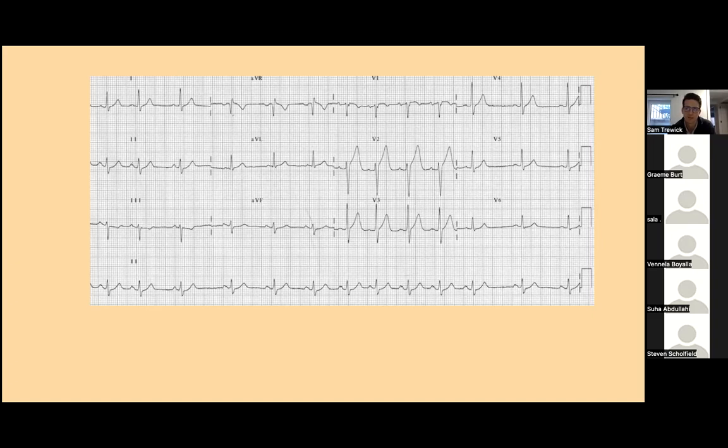I think there might be ST elevation in V2, 3, and V4 maybe. It's difficult. I think this is probably just a bit of high take-off. I don't think this is necessarily ST elevation.